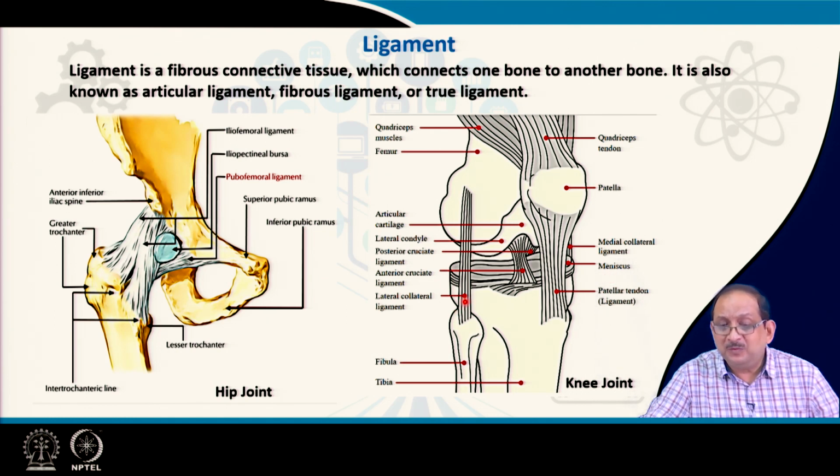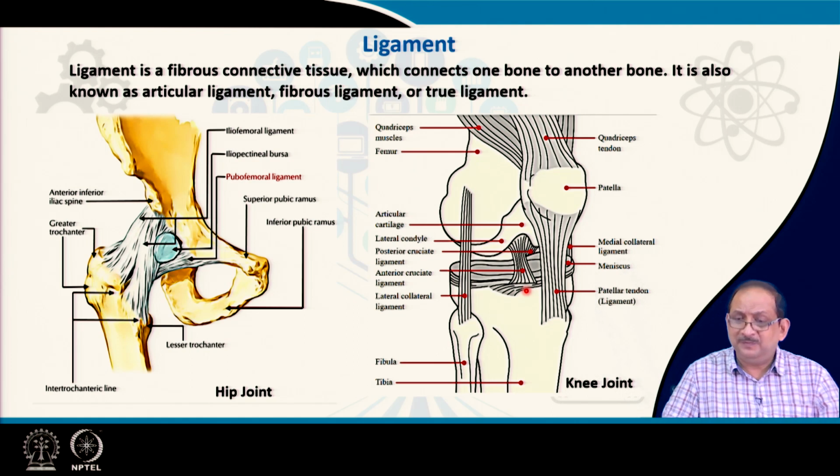On the left, we have the lateral collateral ligament. On the right, we have the medial collateral ligament. More towards the central part of the joint cavity, we have the cruciate ligaments, the anterior cruciate ligament and posterior cruciate ligament, which crisscrosses the knee joint cavity.